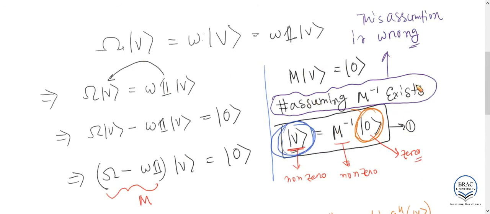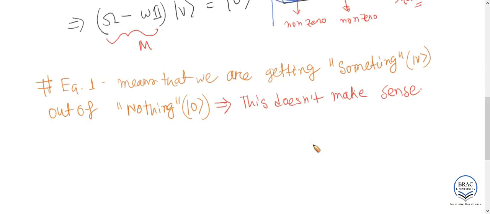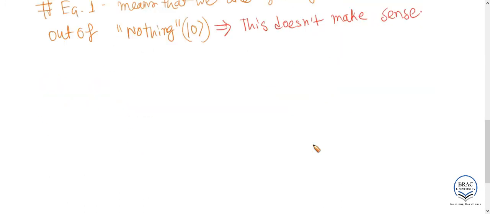This is the assumption we started with, especially when we went from Mv equals 0 to trying to solve for v. So let me write this point down: M inverse doesn't exist, because we assumed M inverse existed, and if we do that, we get something out of nothing.